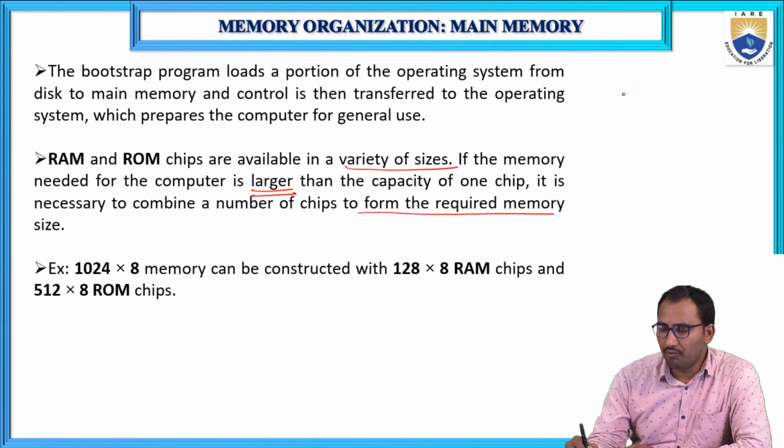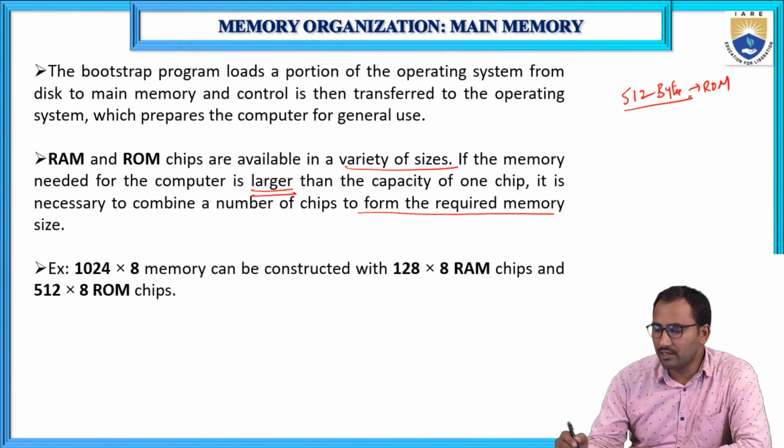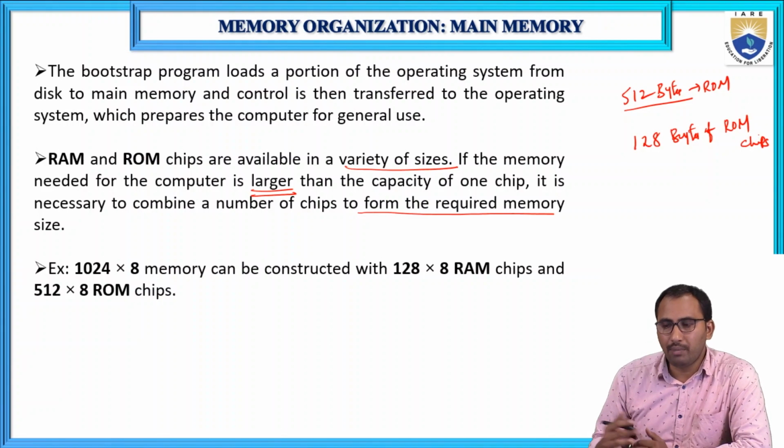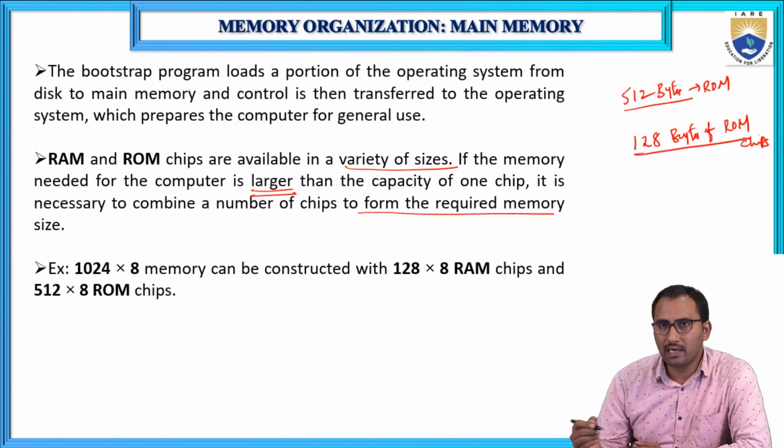Suppose I need 512 bytes of ROM, but I have 128 bytes ROM chips. So what should I do? I can combine these 128 bytes ROM chips in order to form 512 bytes of ROM.